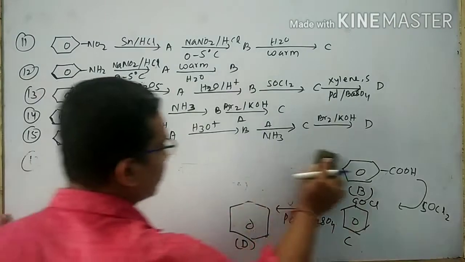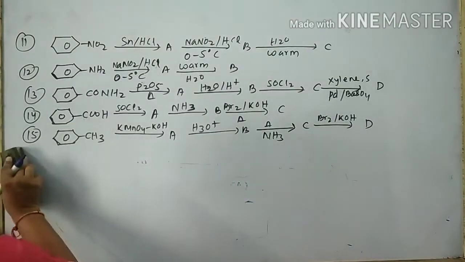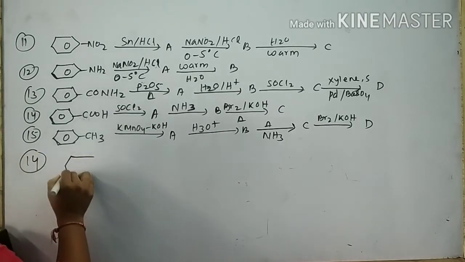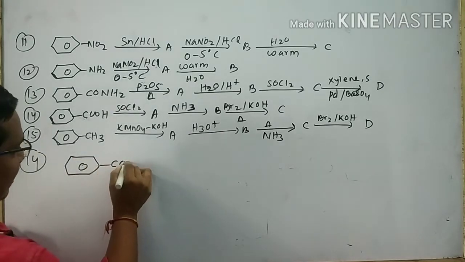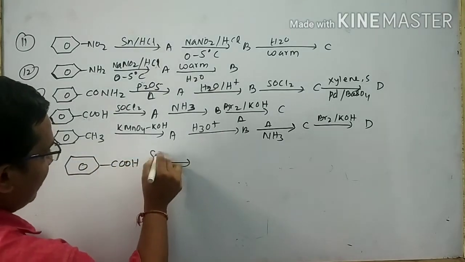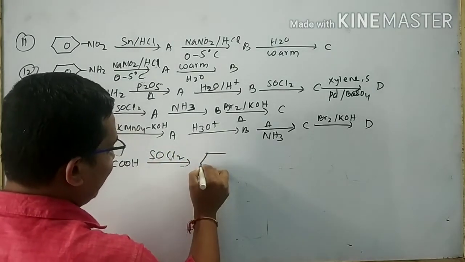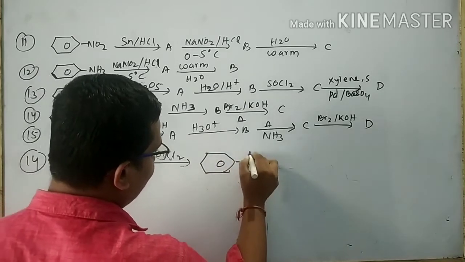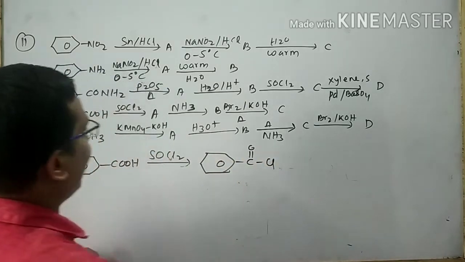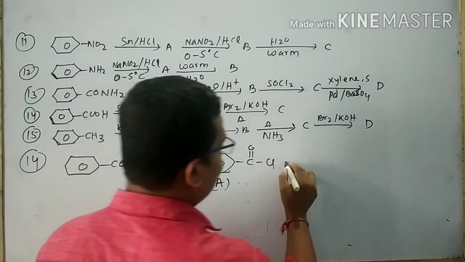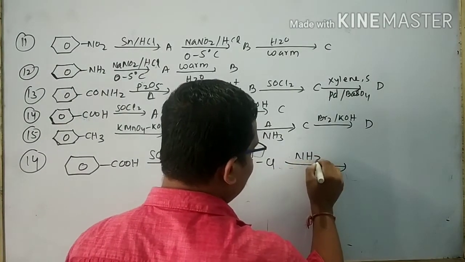Next I will do question number 14. Benzoic acid is given. It is subjected to reaction with SOCl2. Then acid chloride is formed. This is your acid chloride, and it is considered as the product A. Now A is treated with NH3.